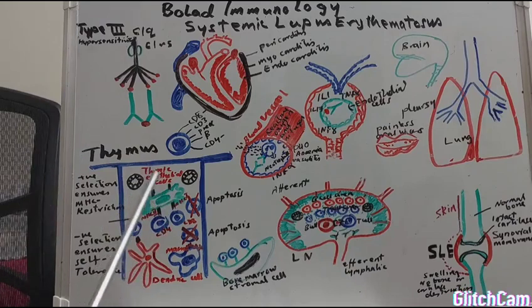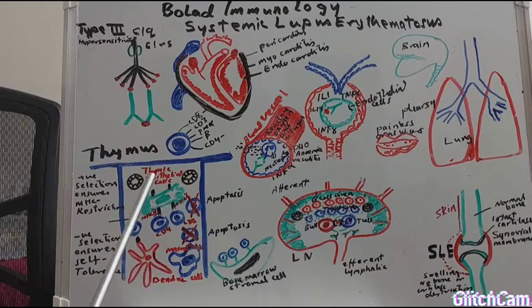These thymic epithelial cells express major histocompatibility class 1 and class 2. If these immature cells react with MHC class 2, they will differentiate into CD4. If they interact with MHC class 1, they will differentiate into T cytotoxic, CD8.